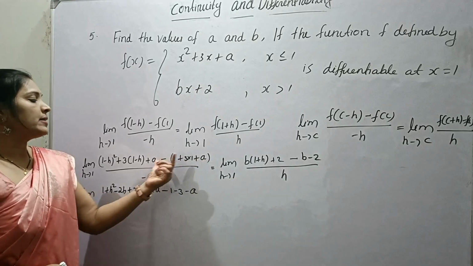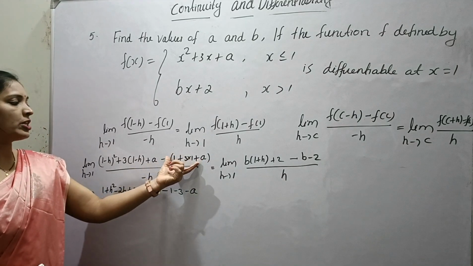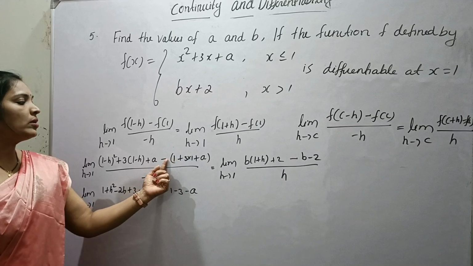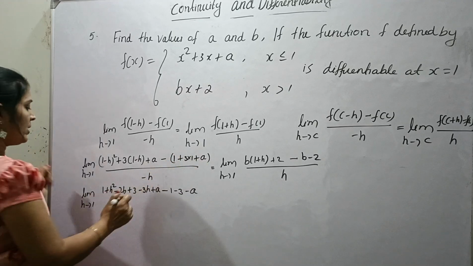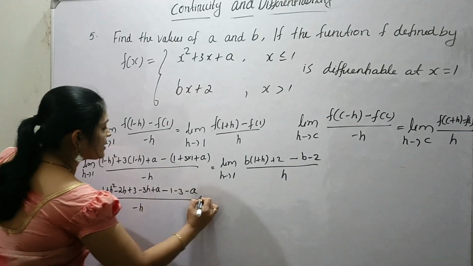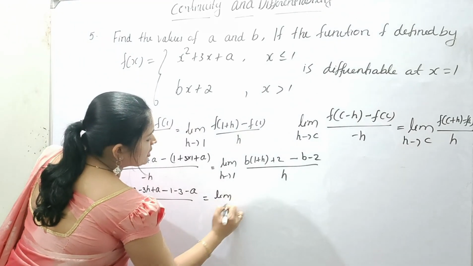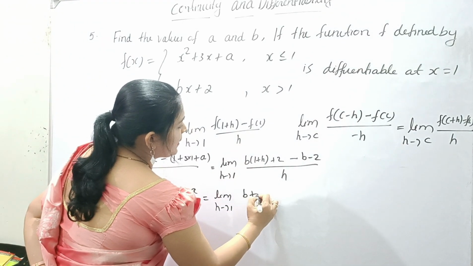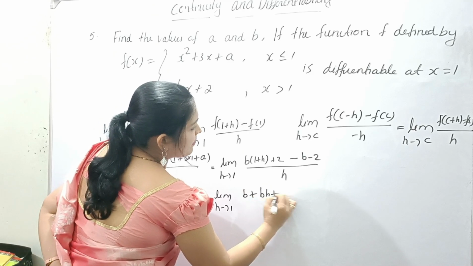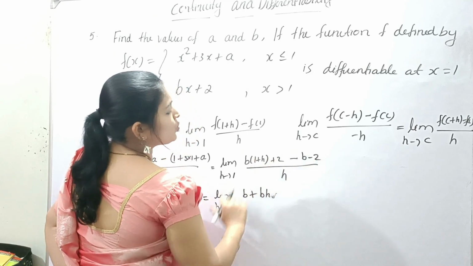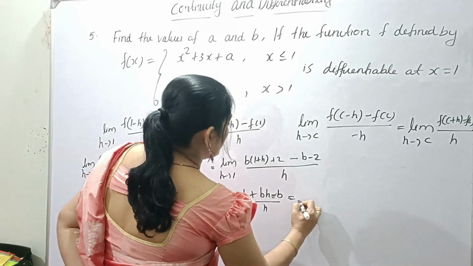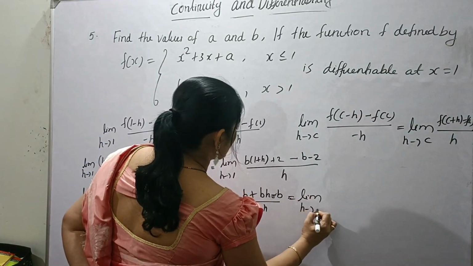Okay, multiply this minus by each of these terms inside the bracket. 1 plus 3 plus a, so minus 1 minus 3 minus a, divided by minus h is equal to limit h tends to 0. Here b plus bh plus 2, here plus 2 minus 2 cancelled, then minus b divided by h.